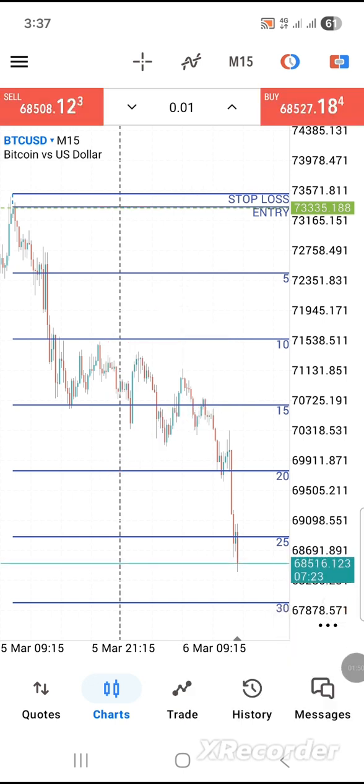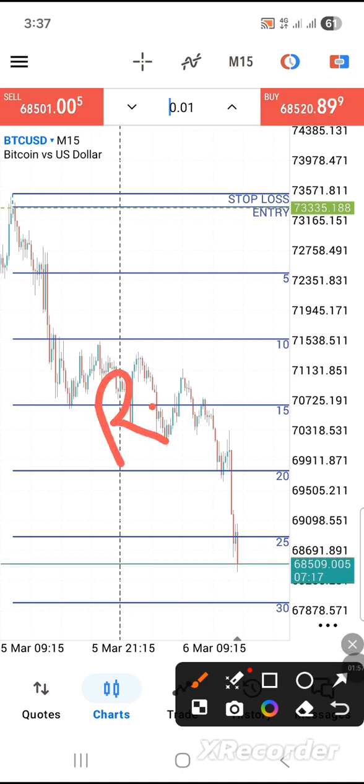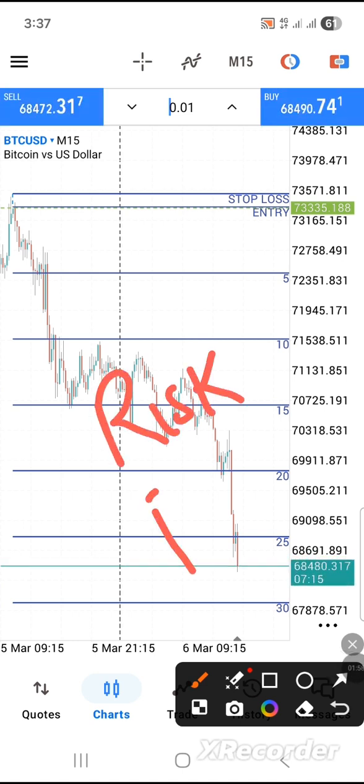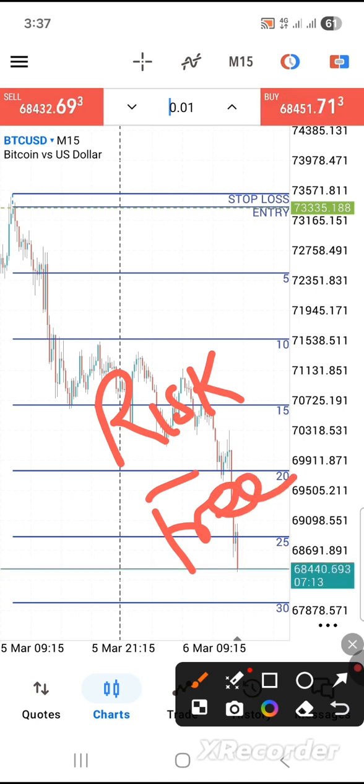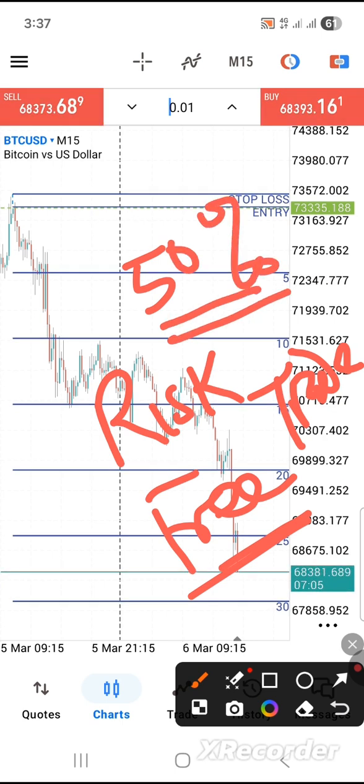So it's an interesting way. This one that is going right now is a risk-free trade, which is 50% of what we put into the market initially.